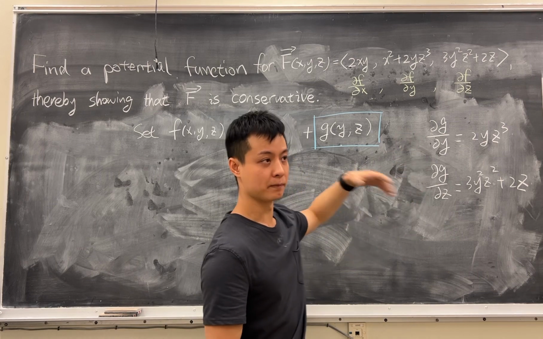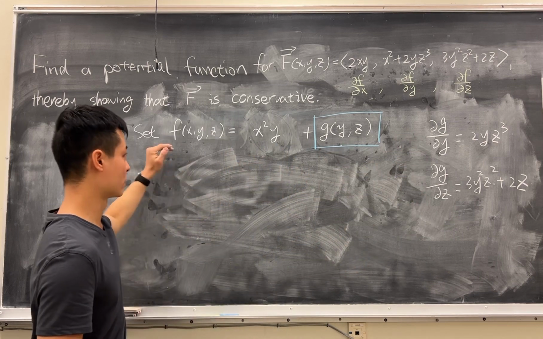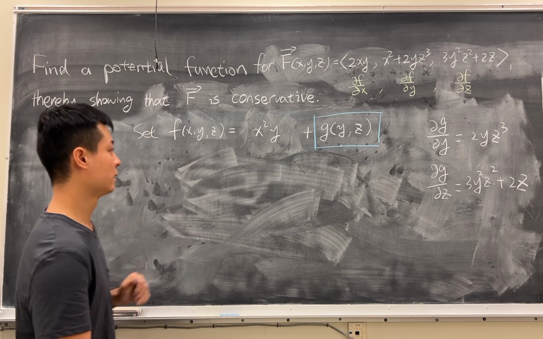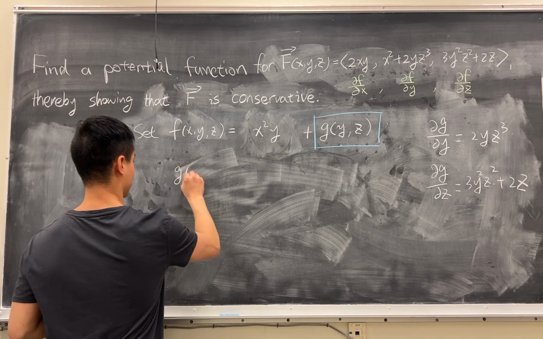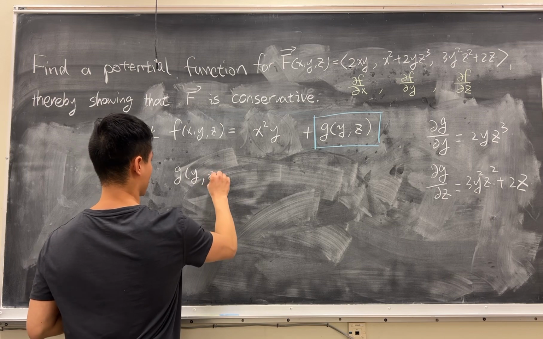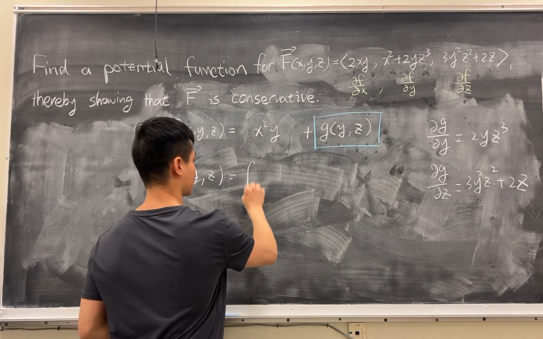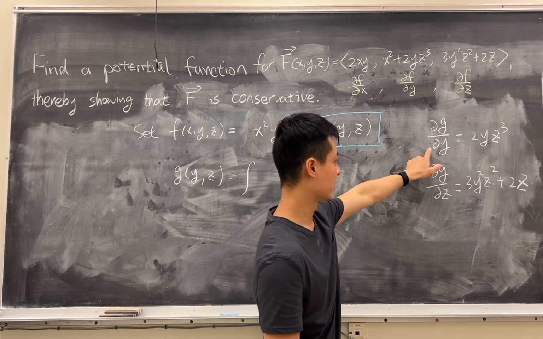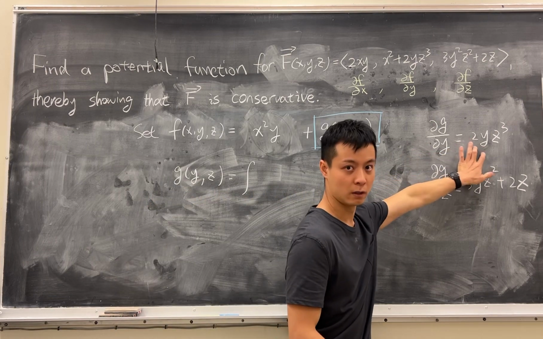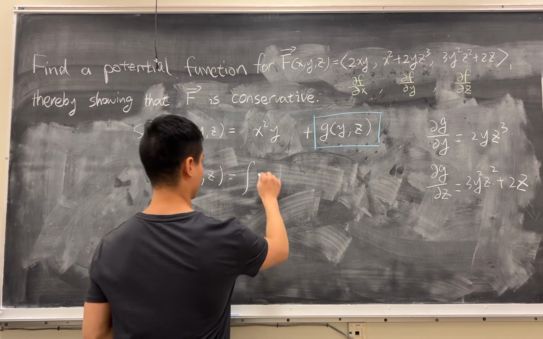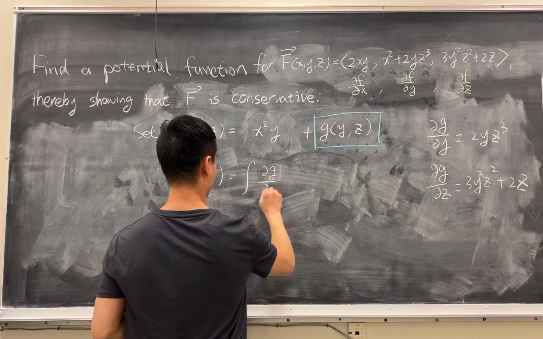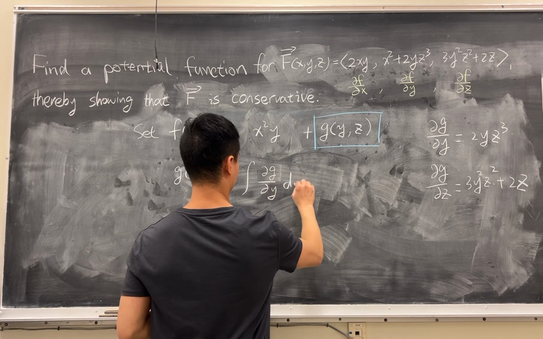We're going to set up the same thing, similar to the first equation, by setting that this g function is going to be the antiderivative of this expression with respect to y, so that's partial g partial y dy.